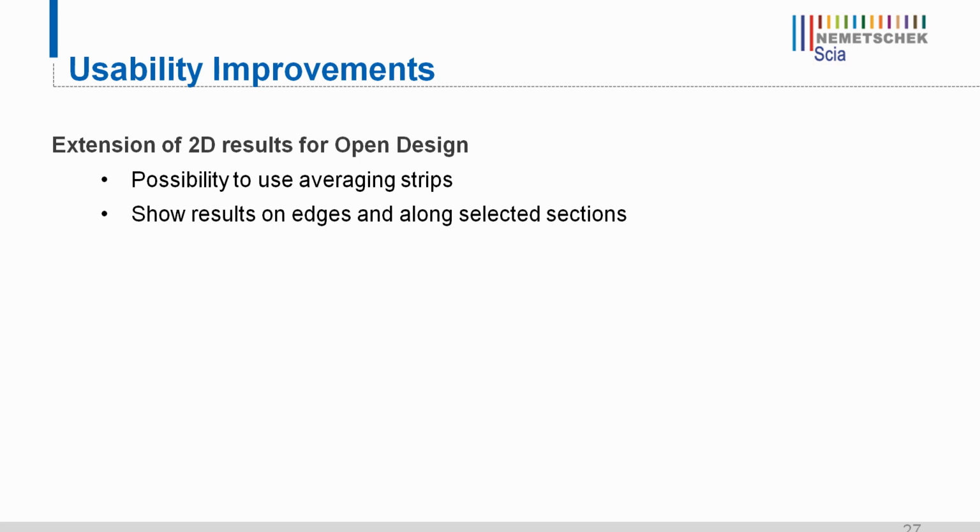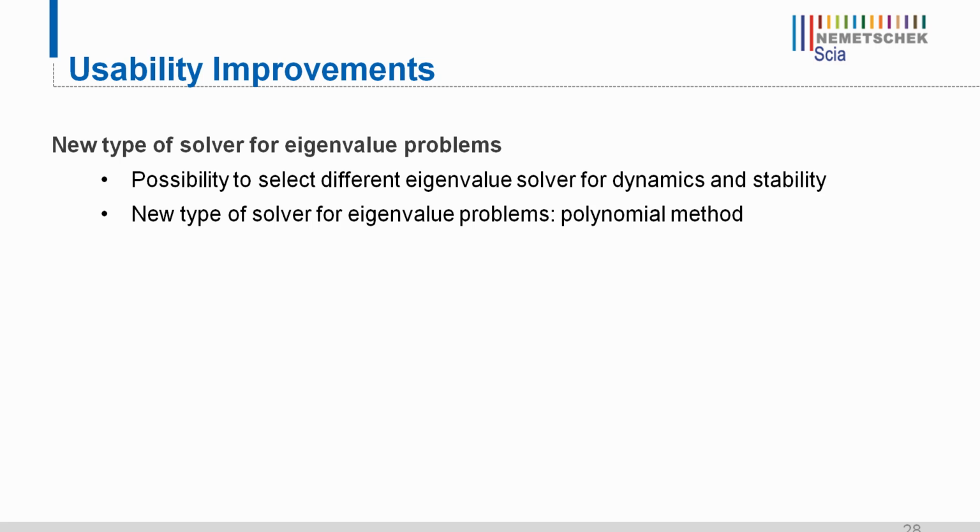The possibility to display results for 2D members calculated via OpenDesign has been extended. Now it is possible to use averaging strips and show results on edges and along selected sections. There is also a new type of solver for eigenvalue problems.